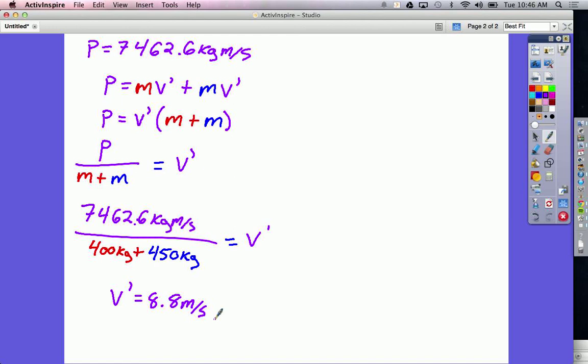The next part is we needed the direction. And we can get that from that same triangle that we had drawn on the previous slide. And that would have been the momentum in the x direction and the momentum in the y direction. Total momentum being the hypotenuse of that.